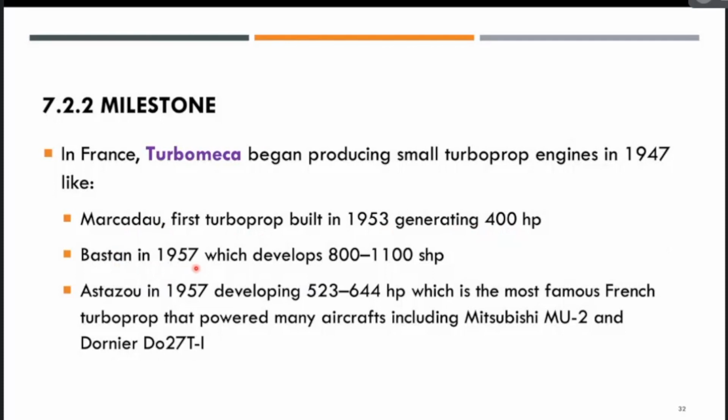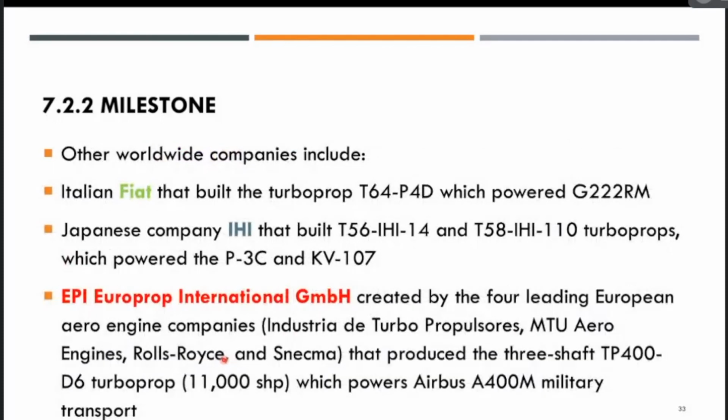The Bastan in 1957, and the Astazou in 1957, developing 523 to 644 horsepower, is the most famous French turboprop that powered many aircraft, including the Mitsubishi Mu-2 and Dornier Do-27 Ti.